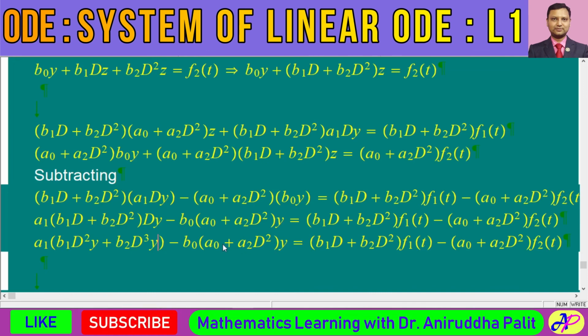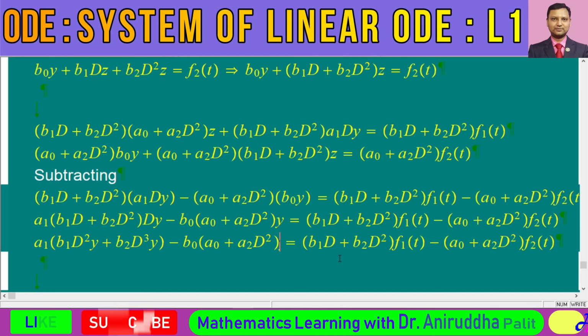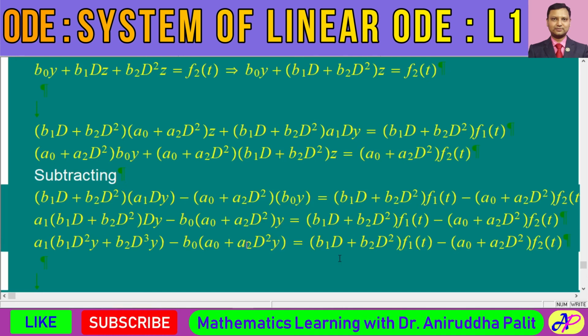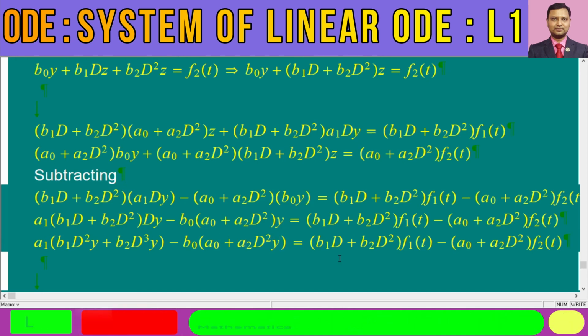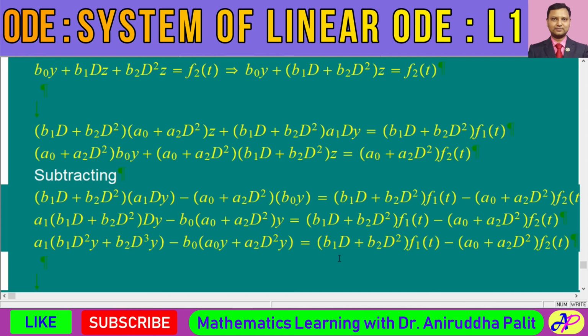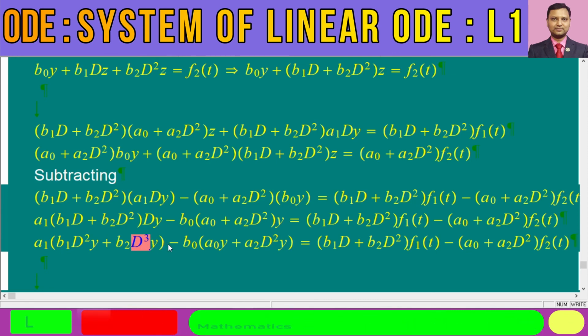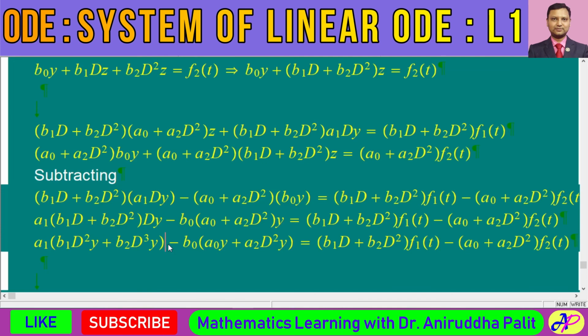And this y should be written over here and over here. So what we actually get is a cubic expression, a third order derivative of y.